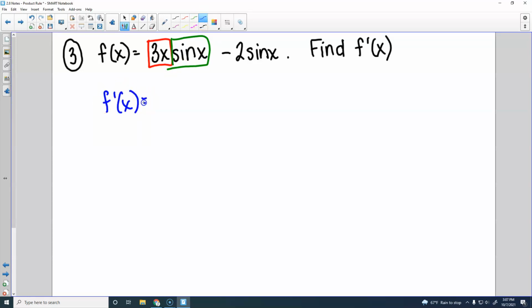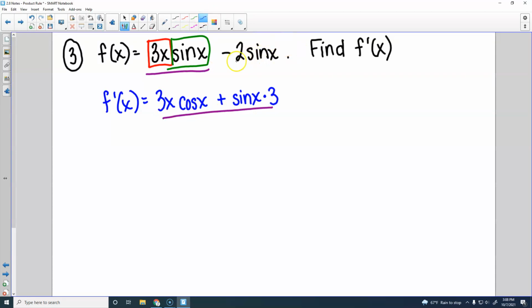So when you take the derivative, you would have 3x times derivative of sine x, which is cosine x, plus sine x times the derivative of 3x, which is 3. So all of that right there is the derivative of this part.